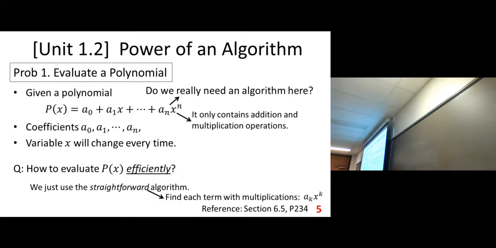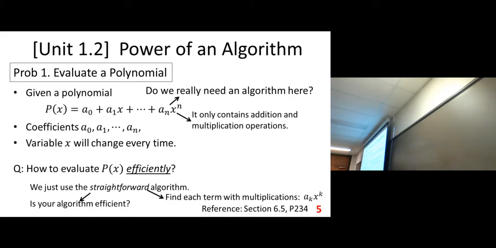For each term, how many multiplications do we need? Each term, a general term. Here it is cut off a little bit. Next time when I create this, I should move it slightly to the left, because we have some room here, on the right part.